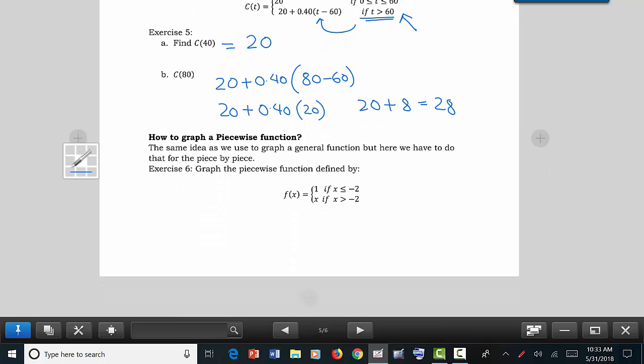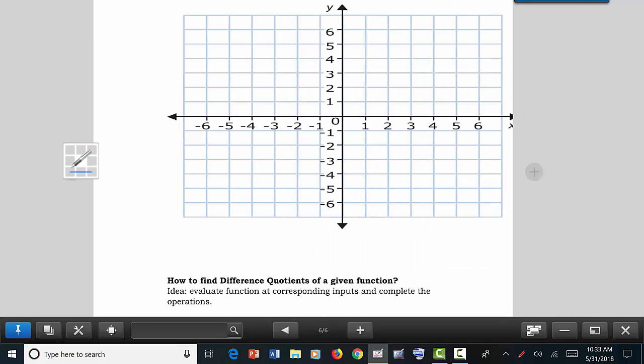Now the next thing we will do is how to graph a piecewise function. Okay, we do have a grid on the other side.